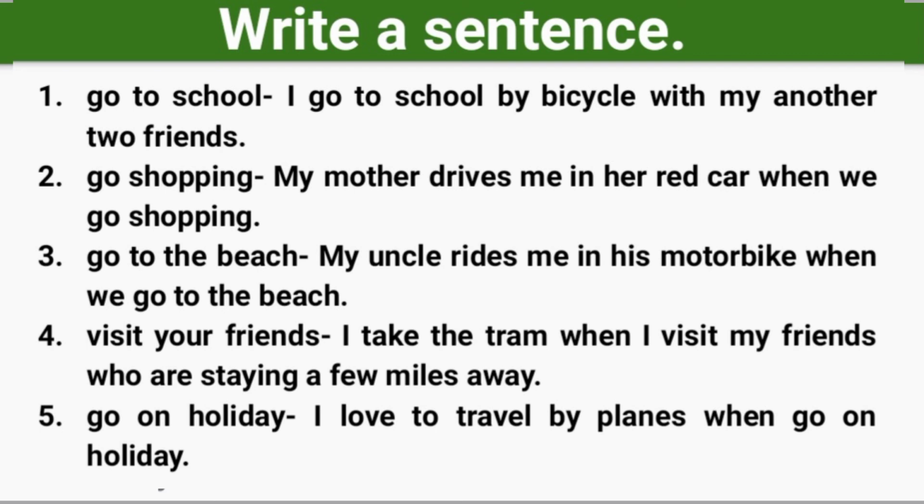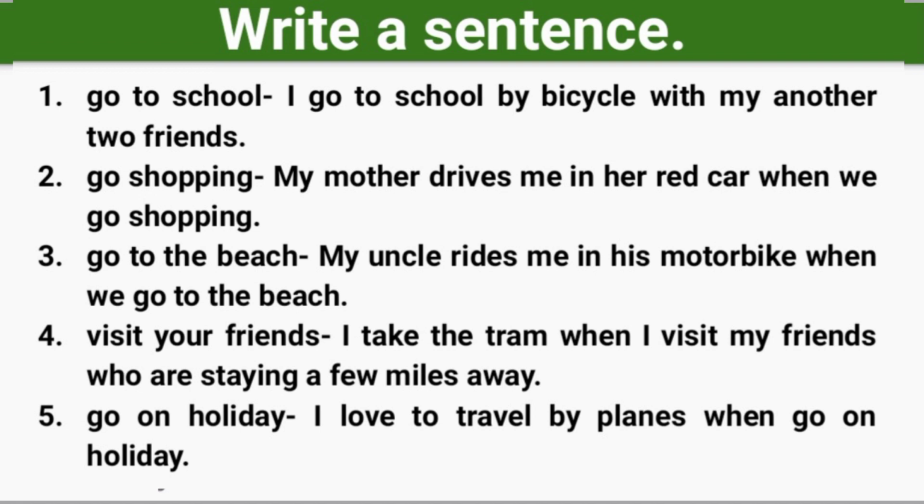Next, go to the beach. My brother rides me in his motorbike when we go to the beach. Visit your friends. I take the tram when I visit my friends who are staying a few miles away. And next is go on holiday. I love to travel by plane when I go on holidays.